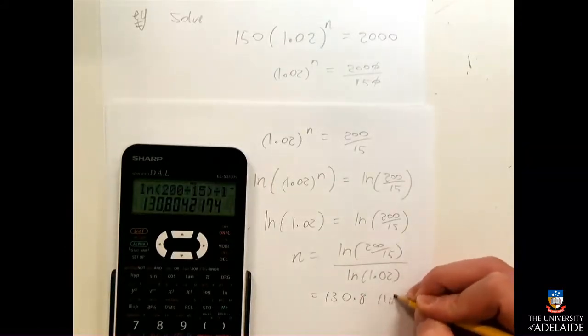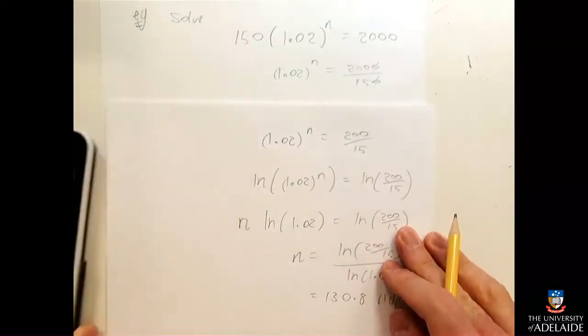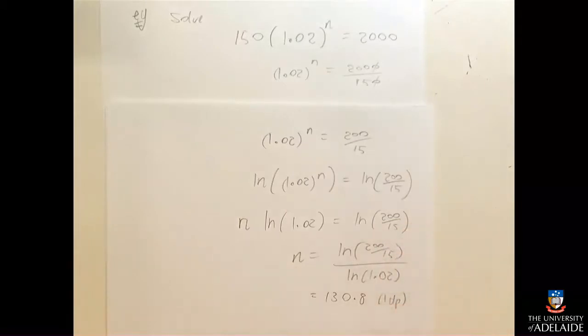Close enough to 1 decimal place. So if that was like a compound interest thing, we need 130 periods, whatever the periods are, 130 months maybe, nearly 11 years. Yay. It's not too bad, I suppose. It depends on how long you're willing to wait.